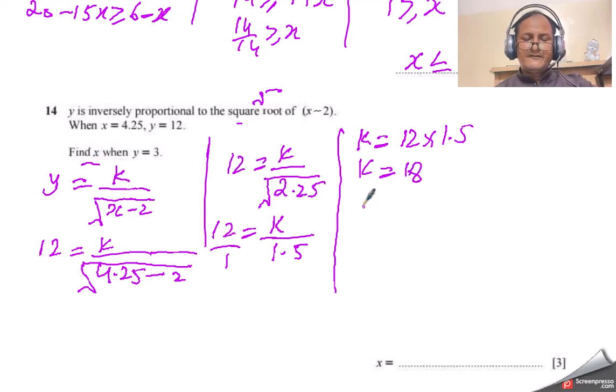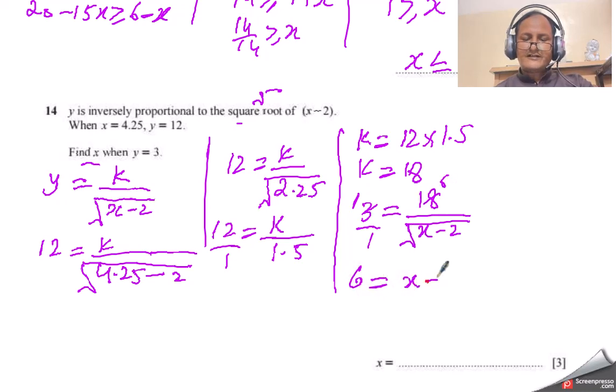We're supposed to find x when y is 3. Put the values in. We have 3 equals 18 over the square root of x minus 2. Okay, now 3 1s are 3, 3 6s are 18. After that we have basically 6 equals the square root of x minus 2.